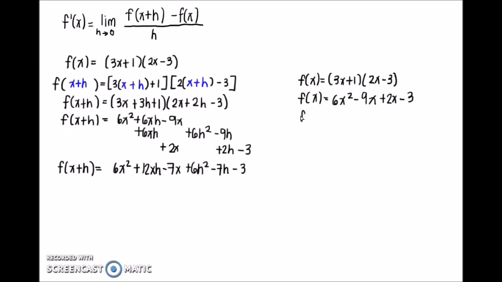And then from there, we will combine like terms. So f of x equals 6x squared minus 7x minus 3. And since na-simplify na natin sila pareho, we could just substitute them here.